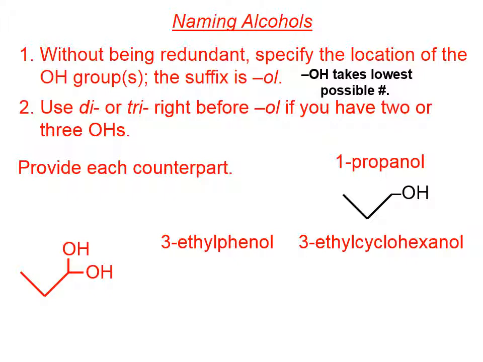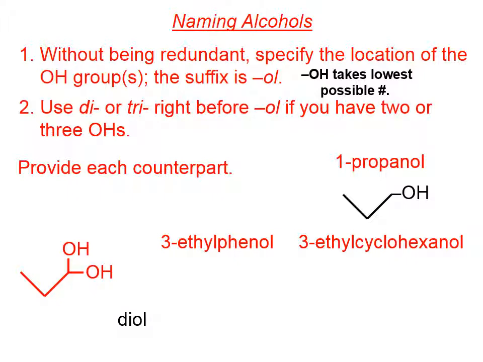Here we have 2 hydroxyl groups, so this is going to end in diol. Then we have 1, 2, 3 carbons in the chain, so this will be propanediol, and then we have to specify the location of those OH groups.